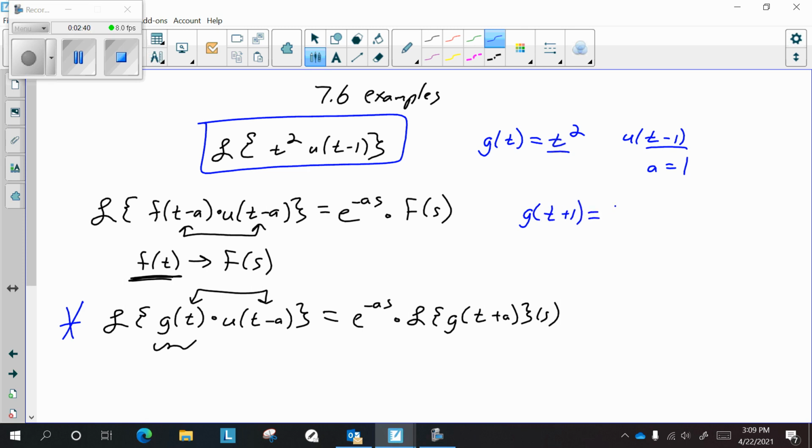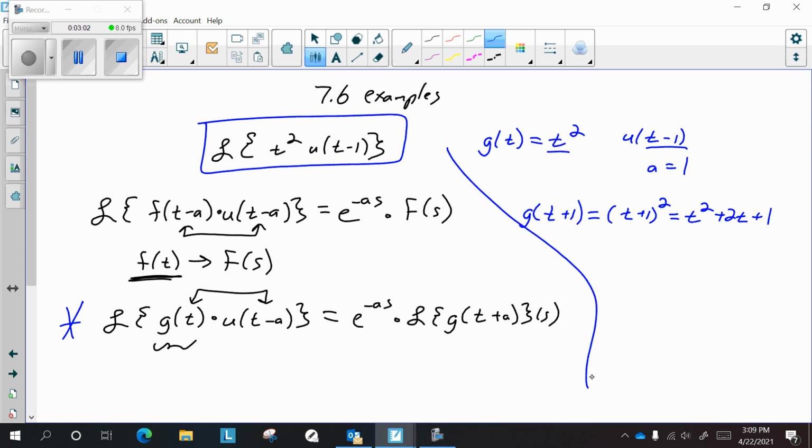Well, how do we do that? We substitute t plus 1 into the function g. How do we do that transformation? Well, we have to square that out because we don't have a transformation of a chain of a composition. So we square that, t squared plus 2t plus 1.